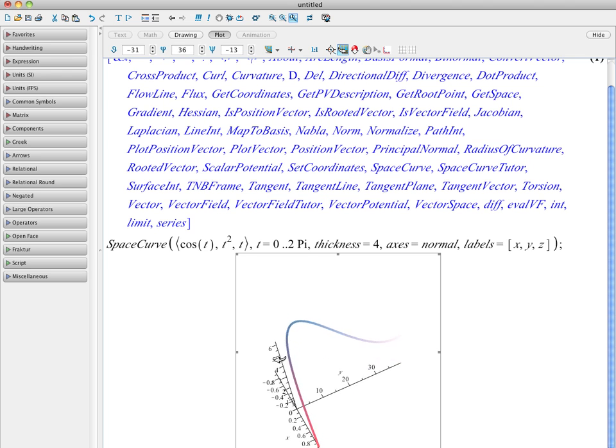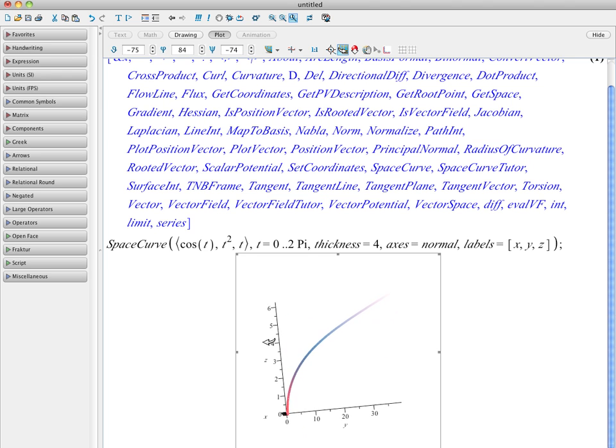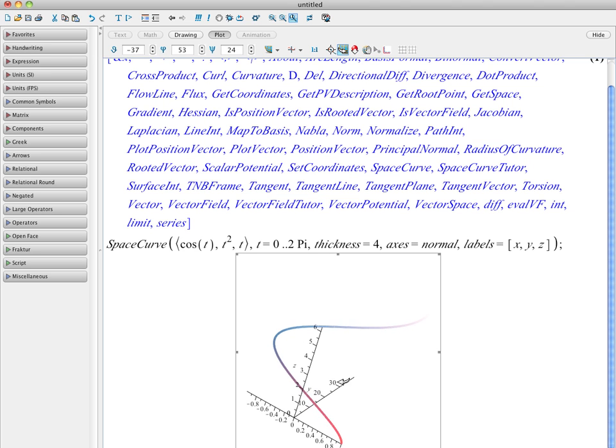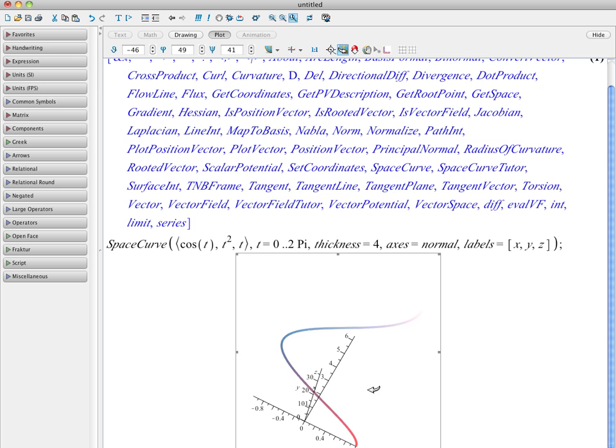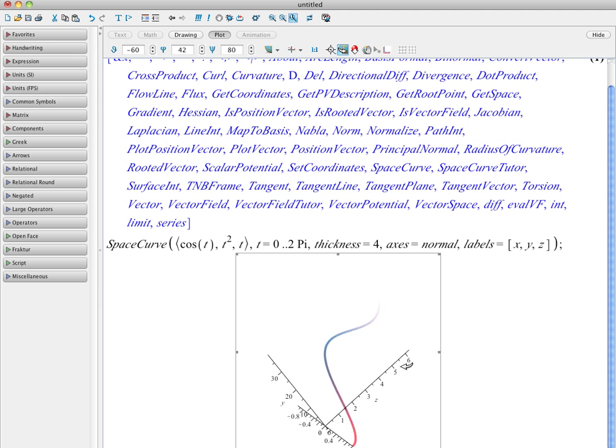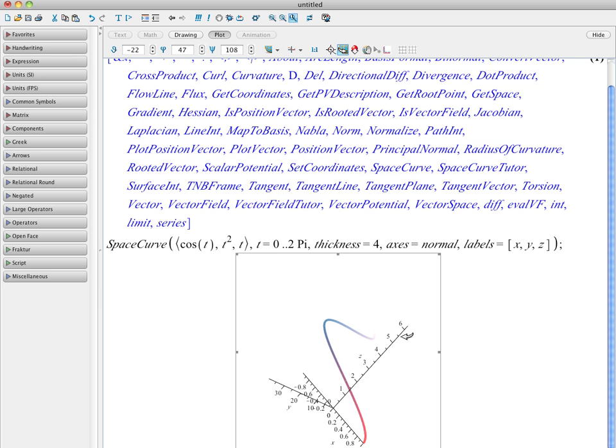So anyway, there's my space curve. I think you can very easily see why this would be difficult to try to hand draw. When you hand draw in any one of these positions, you kind of lose detail. So you really need something like Maple or some kind of software so that you can manipulate it and get a good idea of just what is going on.